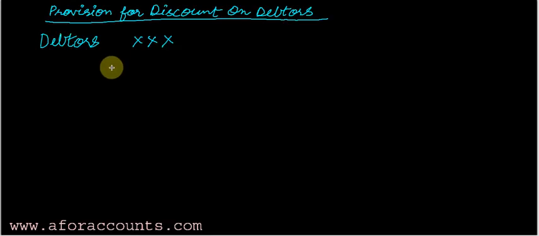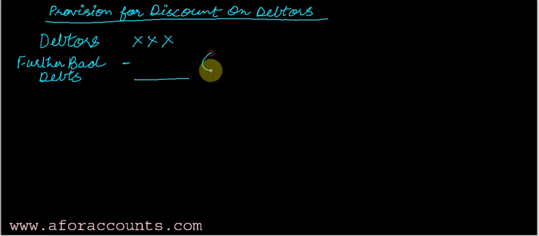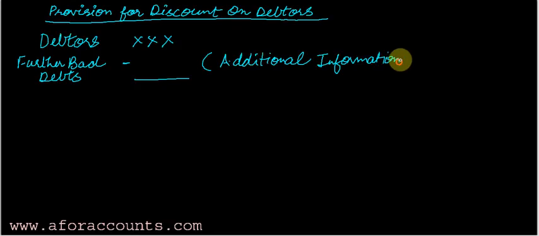Now if there are any further bad debts in your additional information, you will less further bad debts, which is given in your additional information below the trial balance. So after subtracting this, you again get an amount.